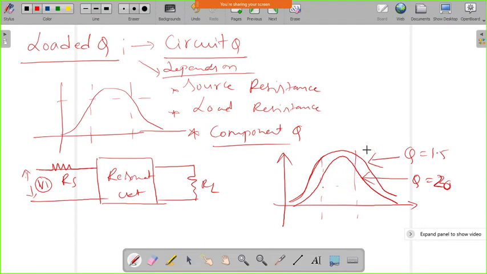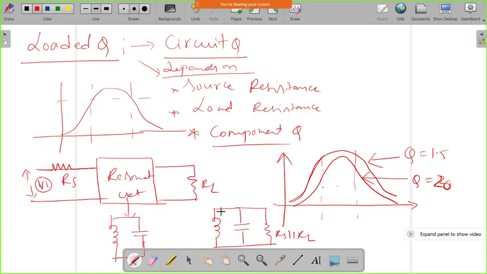Now, as I said, if I take this resonant circuit as L and C, the parallel combination of L and C, and if I want to define the loaded Q, I can write the equivalent circuit for this. It will have L and C in parallel with the combination of RS parallel RL.